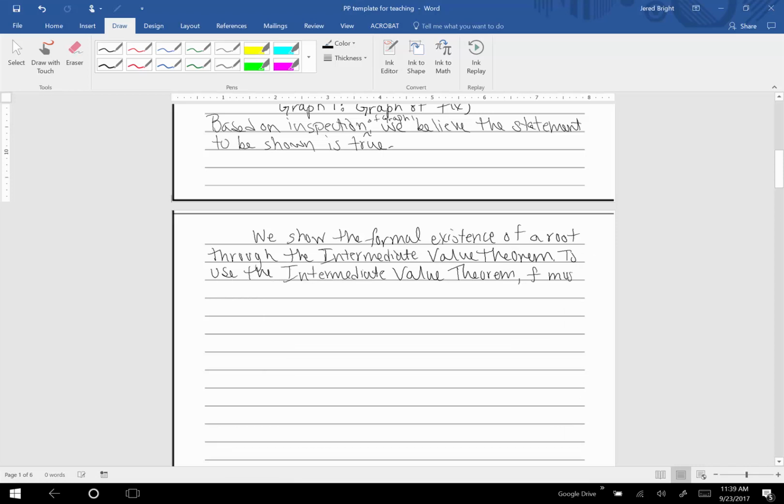F must be continuous on a closed domain, and its range values at each end of the domain must be found.